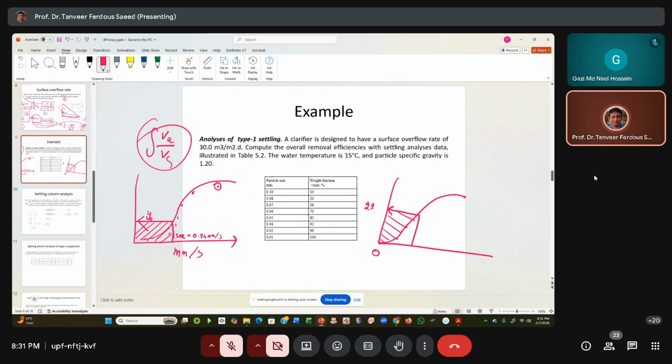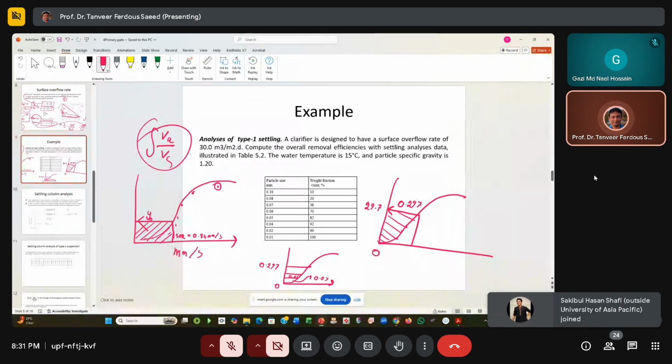Let's write it, 29.7, or dividing by 100, 0.297. Now we need to integrate, which means we divide it into several slices. For example, this is 0.297 and this is 0. Let us assume this is the first slice. The value of the first interval of the first slice is 0.05, then another 0.05.